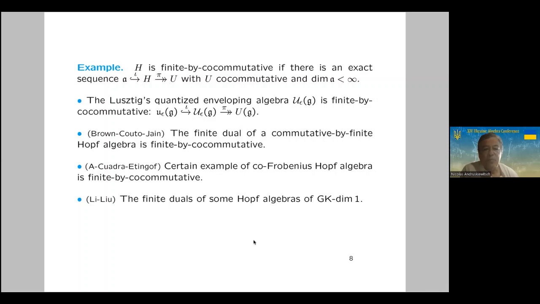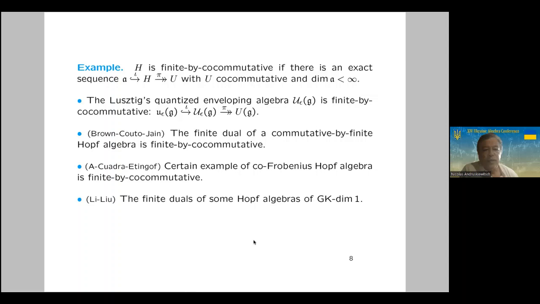So our first example of finite by cocommutative is the Lusztig quantized enveloping algebra U_epsilon(G), which is not the same as the De Concini-Kac-Procesi. In particular, it is finite by cocommutative because it contains u_epsilon(G) instead of projecting to it. And the quotient of the quantized enveloping algebra of Lusztig by the small quantum group is U(g), the universal enveloping algebra of g. So this is finite by cocommutative.